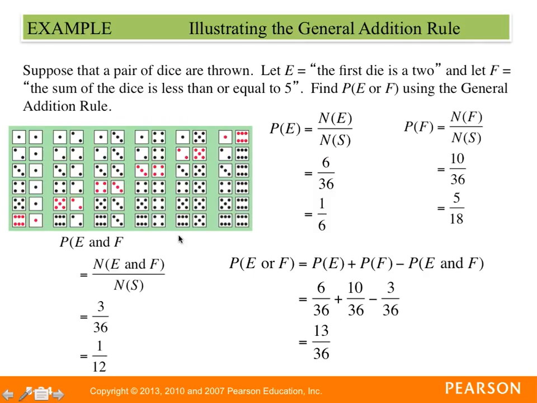The whole idea behind subtracting this overlap is that we don't want to count the same observations twice. It wouldn't be fair. So the ones that have the first die of 2 and the sum of the dice less than or equal to 5 are these 3 pairs that we counted in both sets, so we subtract them so that we don't include them both times.